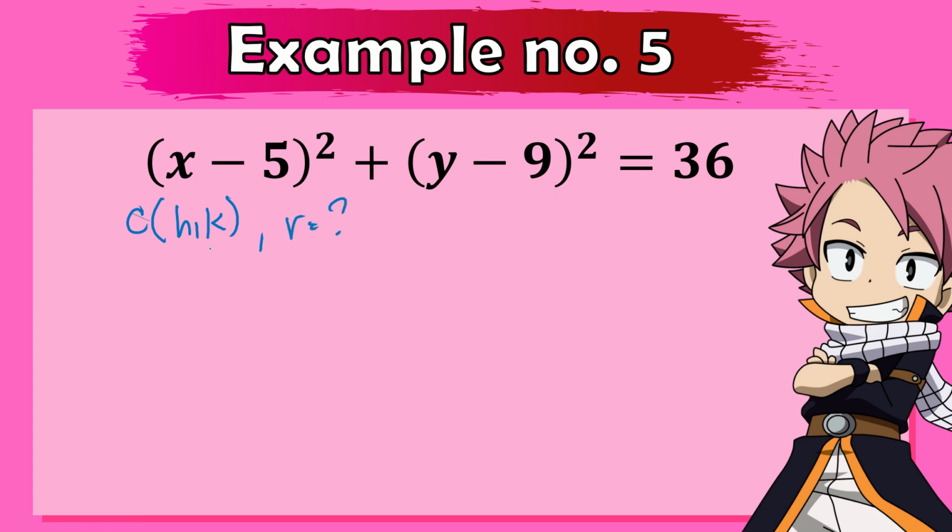Again, let's go back to the standard form of the equation of a circle: x minus h squared plus y minus k squared is equal to r squared.